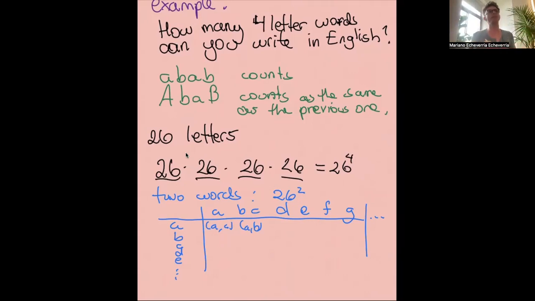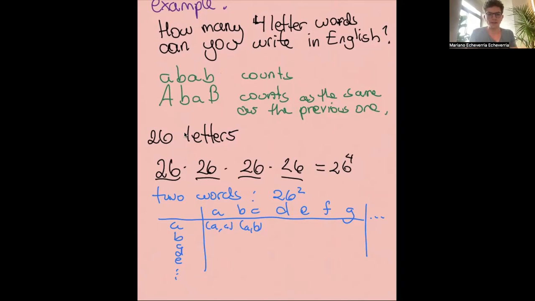And this is what I'm saying also, writing 26 to the 4 is okay, but it doesn't give you the full grasp of how many words we're talking about. So that's why I'm saying it's fine to use calculators to have some actual intuition for what's going on.